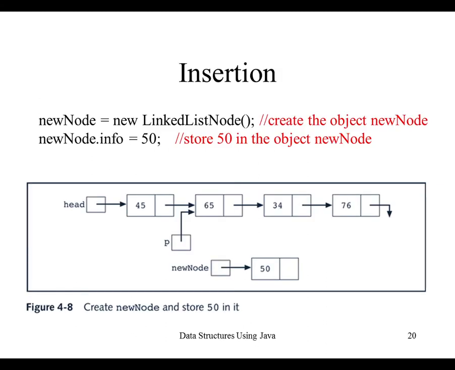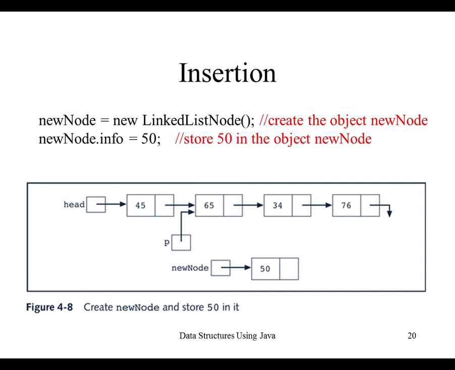Consider the linked list shown in this figure, figure 4-8. Suppose that p points to the node with info 65 and a new node with info 50 is to be created and inserted after p. The following statements create and store 50 in the info field of a new node. newNode equals new LinkedListNode.